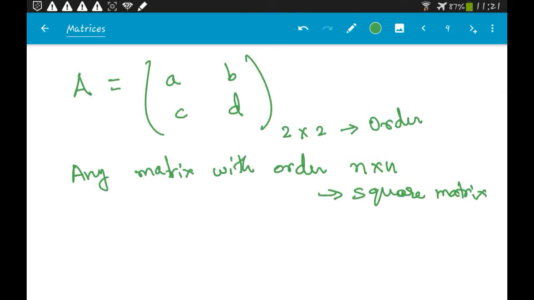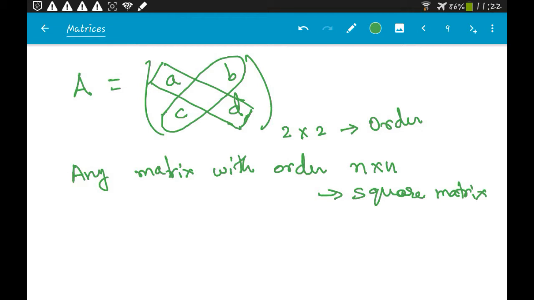So we have to find the determinant. The way to find the determinant is you take it like this. You multiply a into d and then you subtract from it b into c.